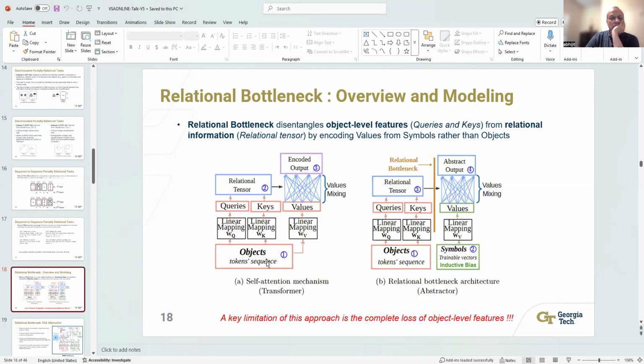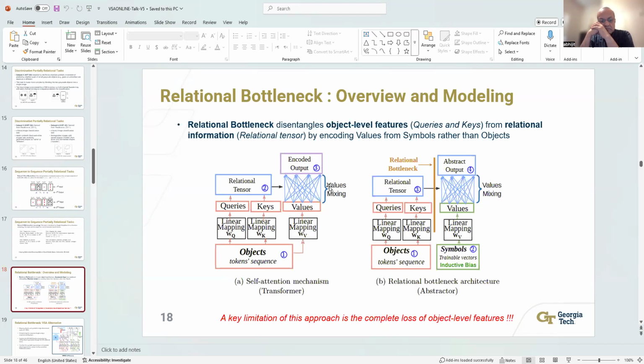On the left, we have the self-attention mechanism, where objects are mapped to queries, keys, and values using linear mapping. We use queries and keys to build a relational tensor composed of attention scores, and these attention scores are used to mix the values to get the encoded output.